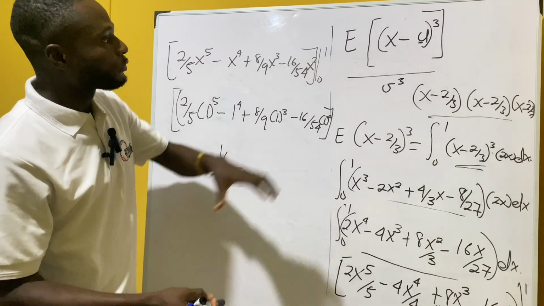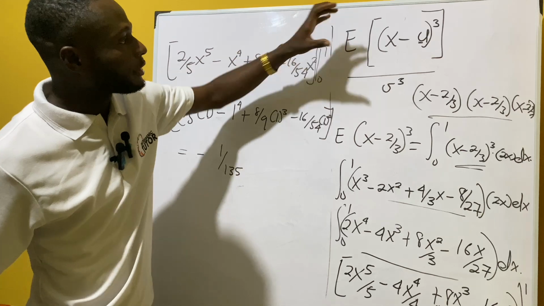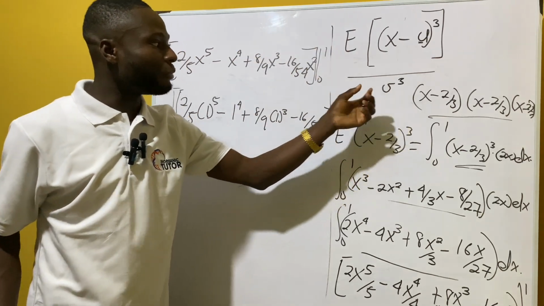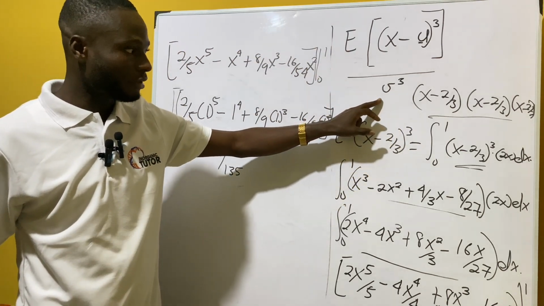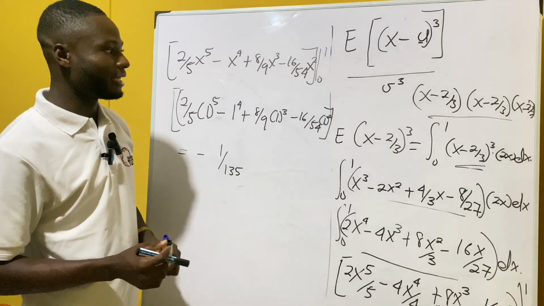So here we have dealt with the numerator. Now let's deal with the denominator, and we already know the variance of x as 1 over 18.